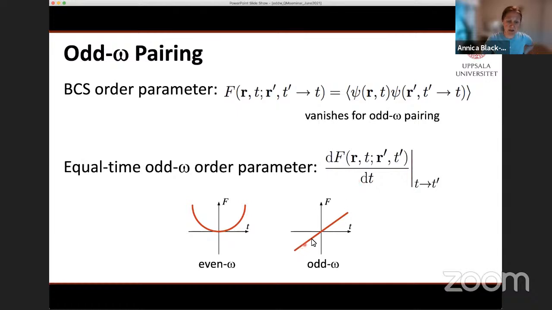You see it directly here. It's this odd function with a finite derivative at t equal to 0, whereas even functions always have a 0 derivative. So this derivative can become a very clear-cut signal that you have correlations that are odd in time or odd in frequency. So that's one way to quantify the odd frequency component.